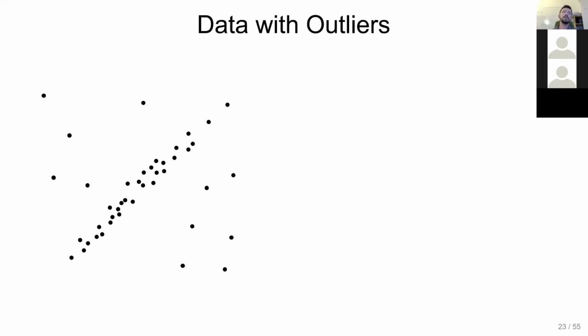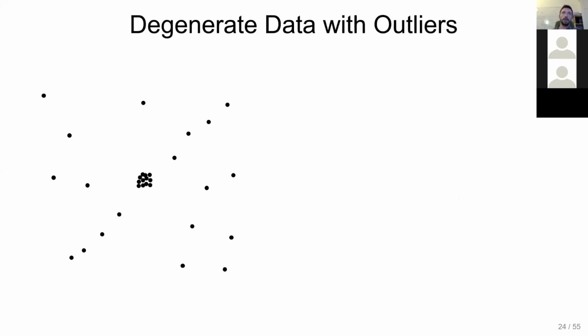So now let me move to degenerate configurations. I will first explain what these are, what kind of problems we have with degenerate configurations, and how we can deal with them. So far we were interested in data with outliers, and now we are interested in degenerate data with outliers, where the degenerate part is the chunk of points in the middle.